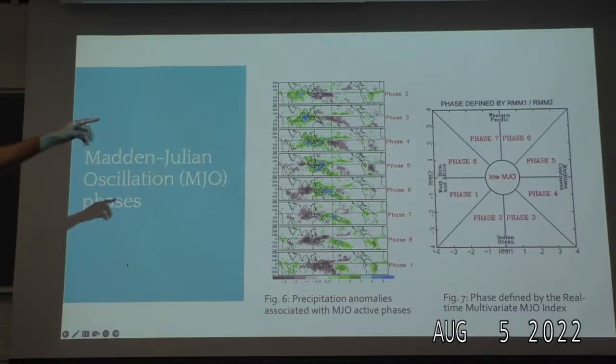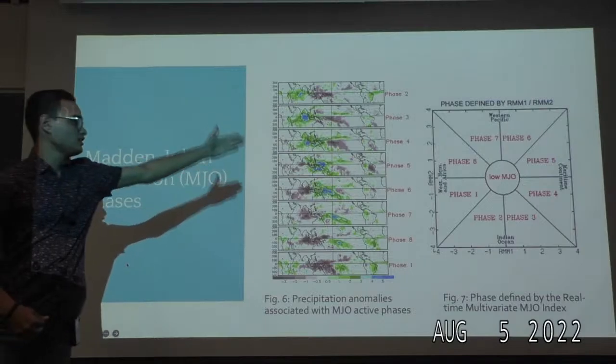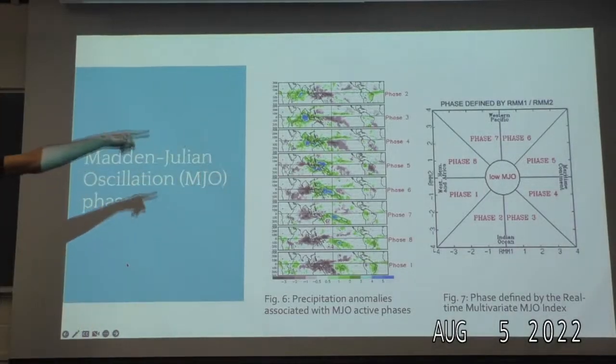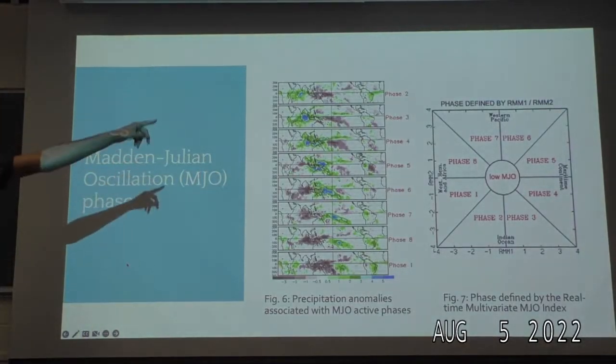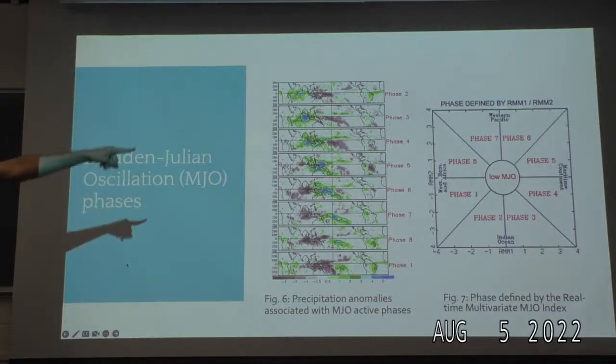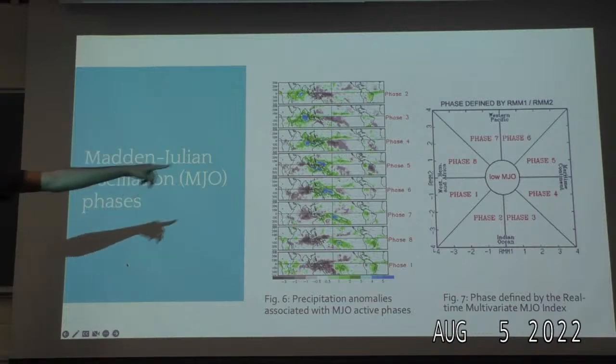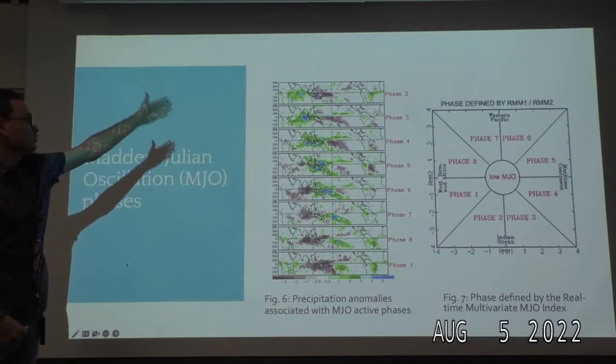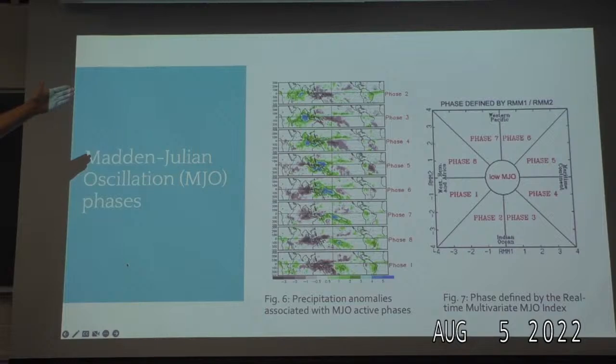You can have both the intensity and the location of the MJO. As you can see, you have phases 8 and 1, where the MJO is over the Western Hemisphere and Africa, and then 7 and 6 over the Western Pacific, 5 for the Maritime Continent, and then 2 and 3 over the Indian Ocean and Eastern Africa.